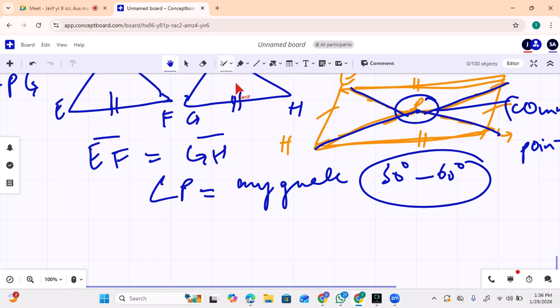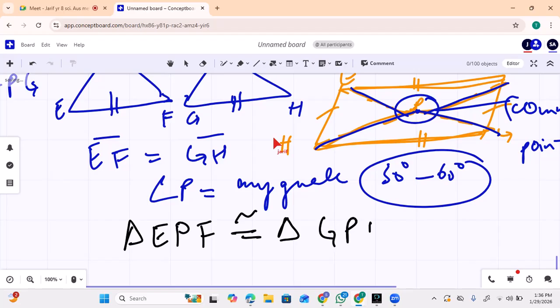So that's why we can say that they have asked you to prove that. We have proved that with sides, with triangles, and with examples. So we can say that triangle EPF is congruent to triangle GPH.